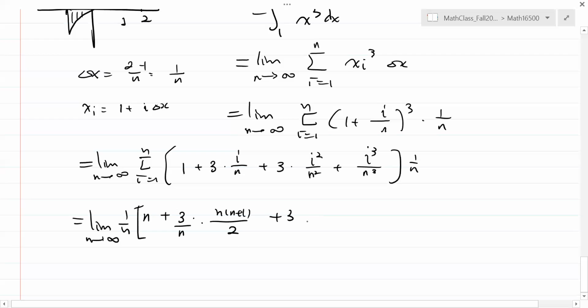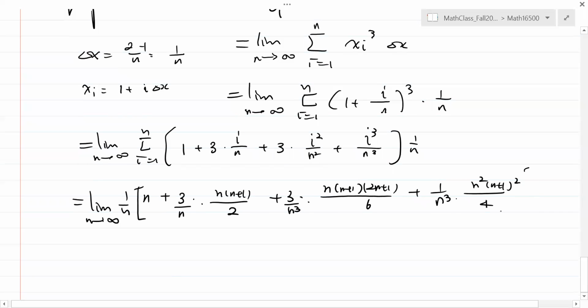The third one is 3 over n cubed, so 1 squared plus 2 squared up to n squared is n times n plus 1 times 2n plus 1 over 6. And the sum of i cubed is n times n plus 1 divided by 2, then squared.